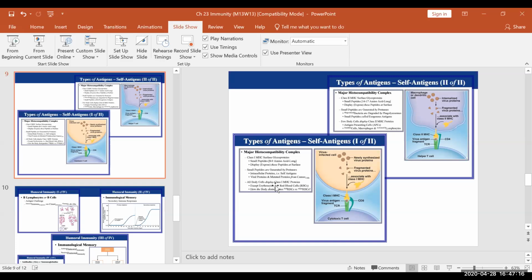And they are displayed at the surface of all your body cells, except, again, antigen presenting cells, except the dendritic cells, except the macrophages, except the activated B cells, because these antigen presenting cells display another type of surface protein that we're going to talk about shortly. So these small peptides are produced, cut by proteases.